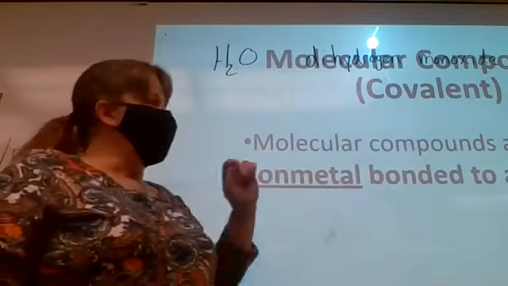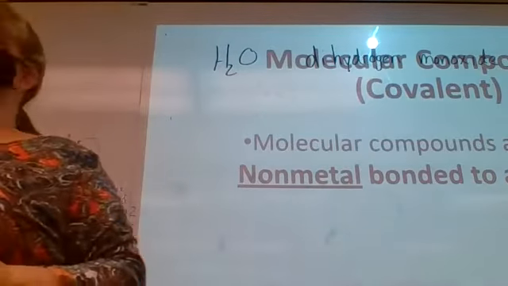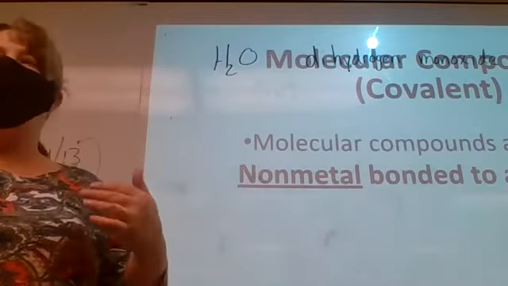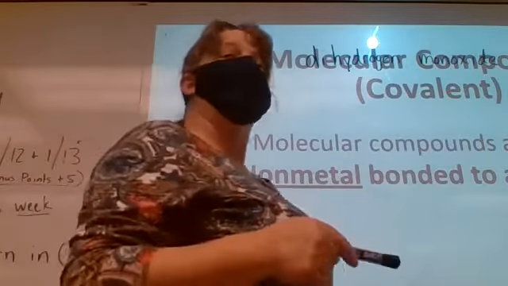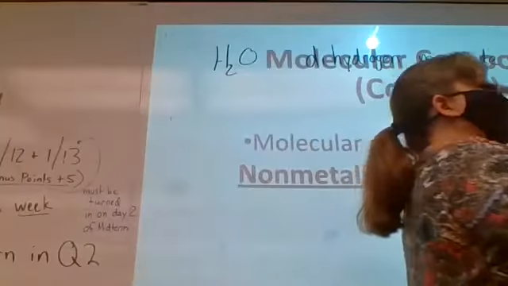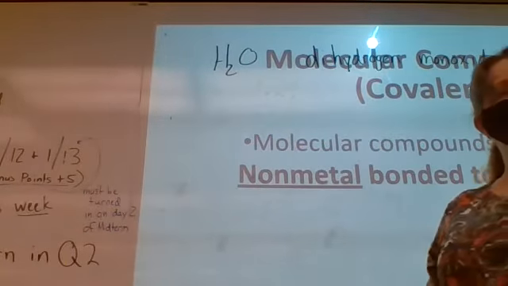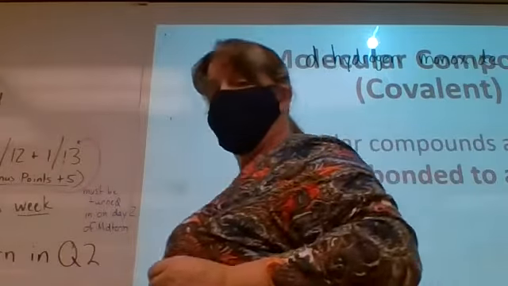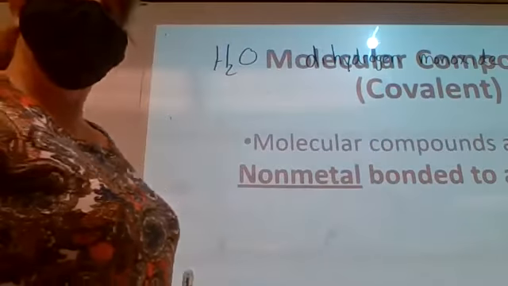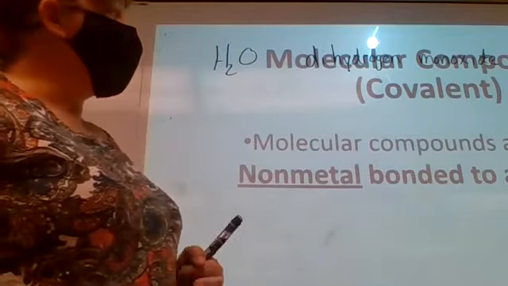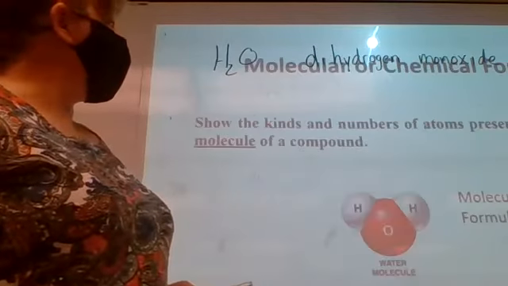Okay, we have a non-metal bonded to a non-metal. So the naming we do now is going to be different than the naming we do in the next chapter. This only applies to covalent compounds, two non-metals bonded together. Okay, so the rules we give you will only be for this type of compound.